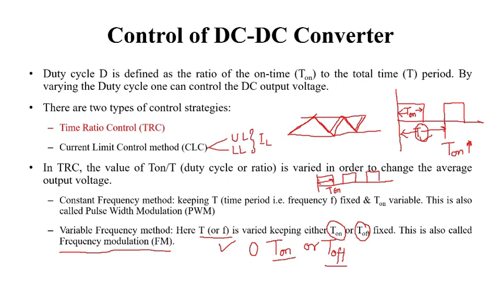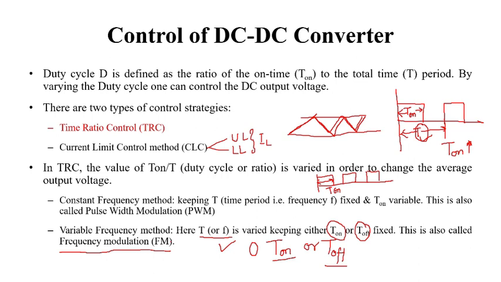So under TRC we are having two methods: constant frequency, also known as pulse width modulation, and the variable frequency method, also called frequency modulation. Under constant frequency, we are keeping T constant or frequency constant. I am varying the T on time.